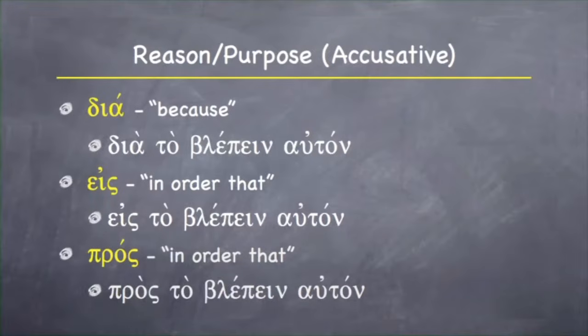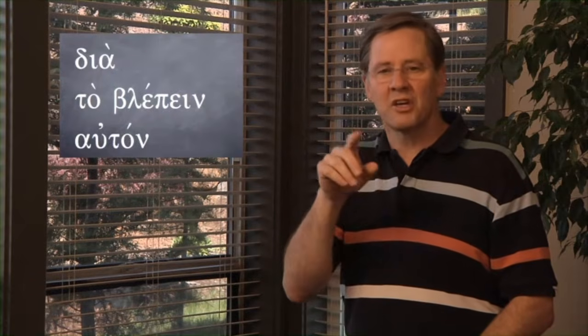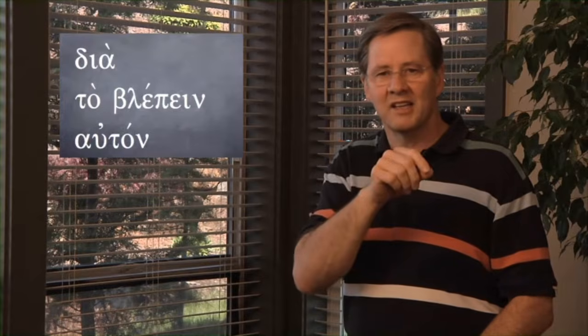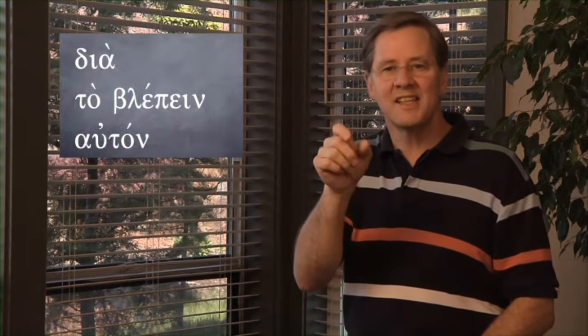Let me give you the first example, and I'll show you. You may see something like this: dia ta blepein auton. Okay, here's how you remember it. Dia with an articular infinitive means because. Okay, that's your vocabulary card. Dia with an articular infinitive means because. So if you have dia ta blepein auton, you would translate that as "because he sees."